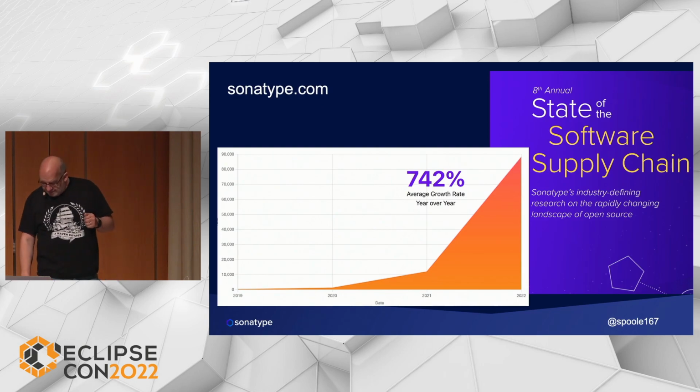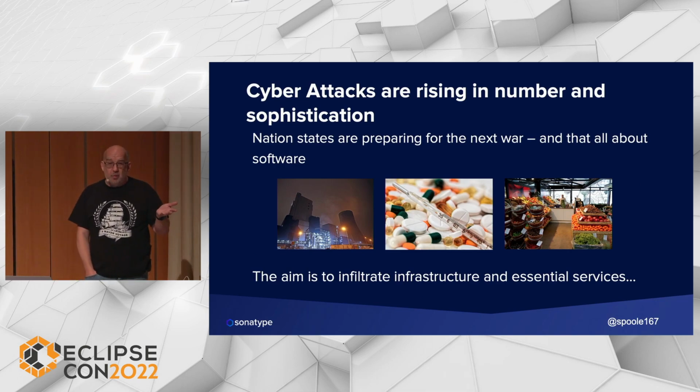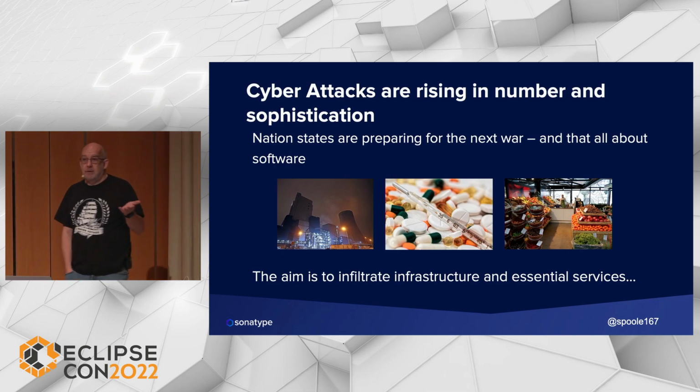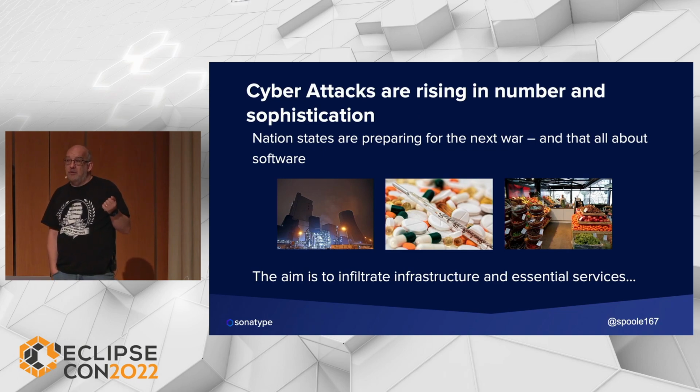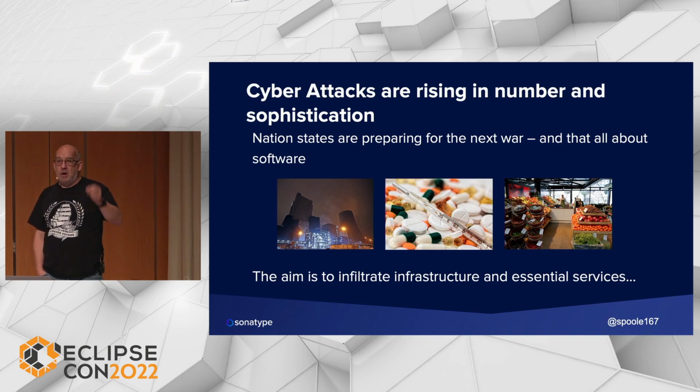And the reason for that is because what used to be simple cybercrime is now cyber warfare. So again, it used to be cybercrime, and the motivations were primarily money, and the new motivations now are cyber warfare. So that means, can I get into the supply chain of your country?